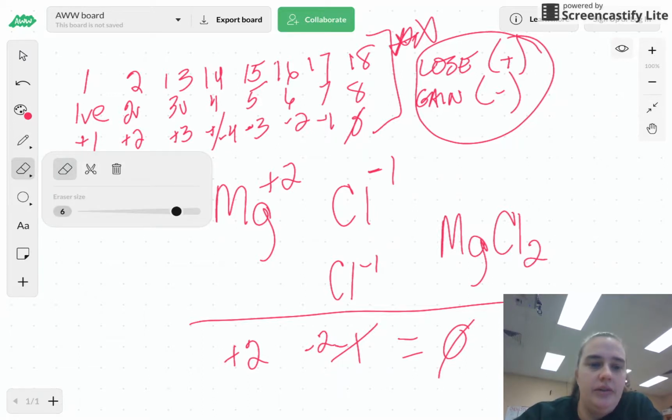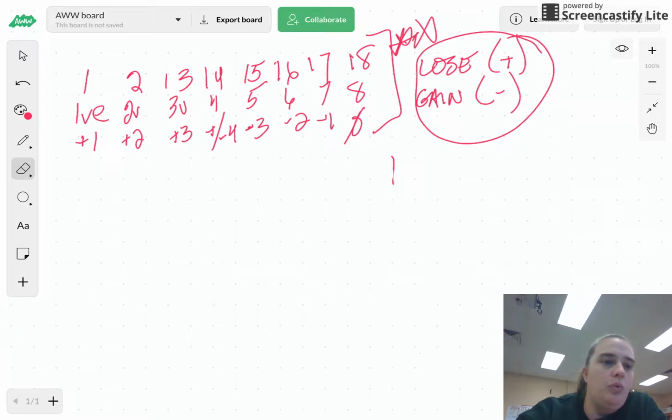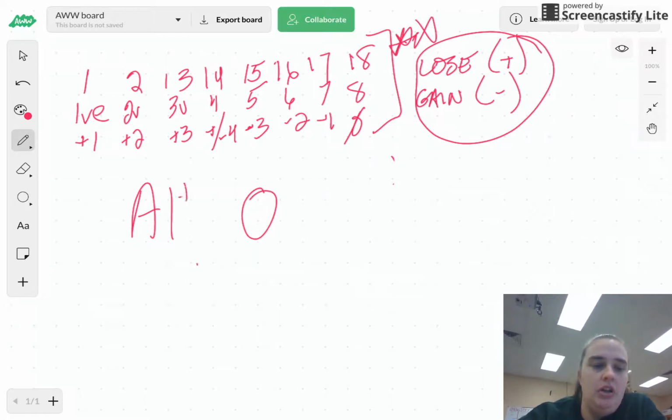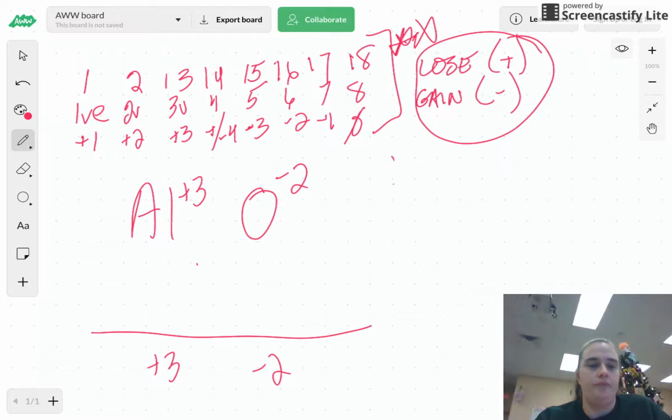Okay, let's try another one. We'll go with aluminum and oxygen. Aluminum's a +3, oxygen's a -2. So right now we have a +3 and a -2 charge. So we're going to need another oxygen. Now it's a -4.